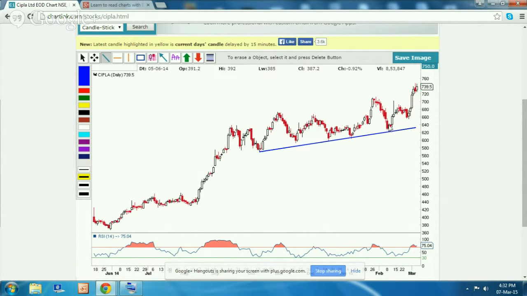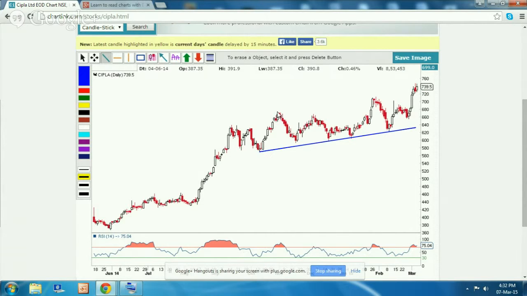You can see it here, a candle beautifully resting on the line, taking support. Any trend line is a zone of support or resistance. Here it has taken support and then it has jumped up. Observe that this line is tilted upward, so there is force on the upside.